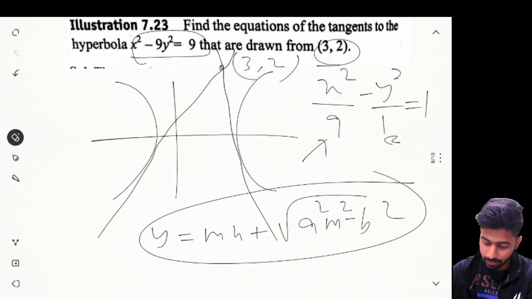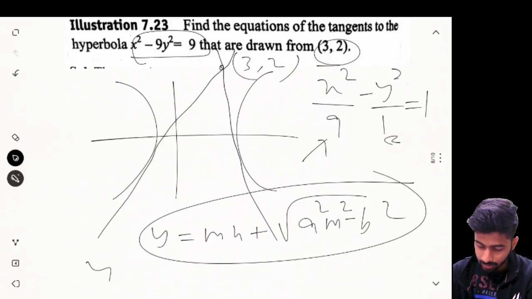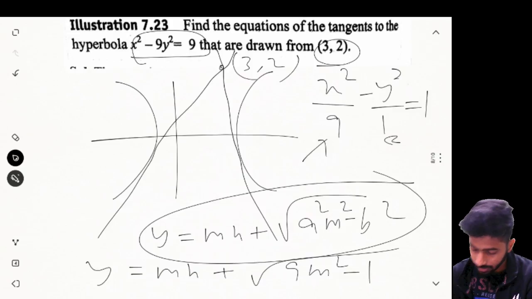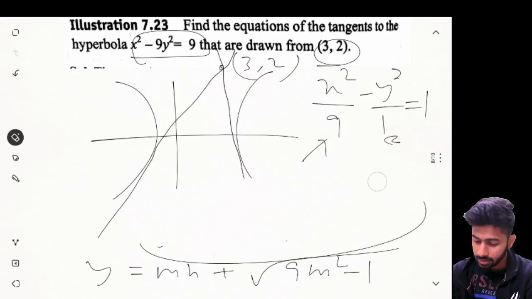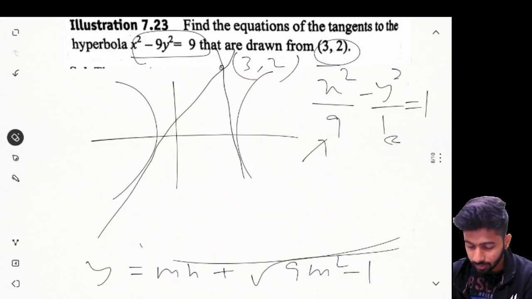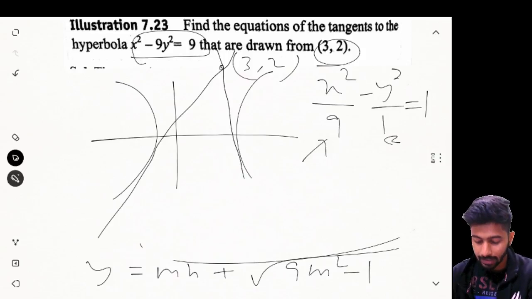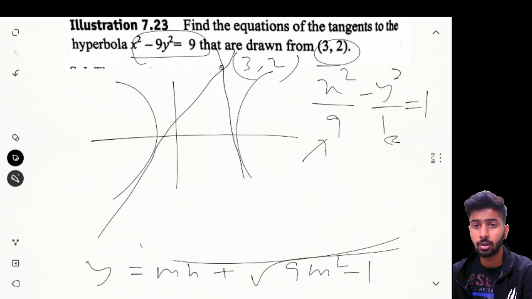So I'll write the final form now. y is equal to mx plus under root 9m square minus 1. This is the tangent to the hyperbola. I can for sure say that this is a tangent because it's of a tangent form, right? It is of the form y is equal to mx plus under root a square m square minus b square. So it is a tangent to the curve.